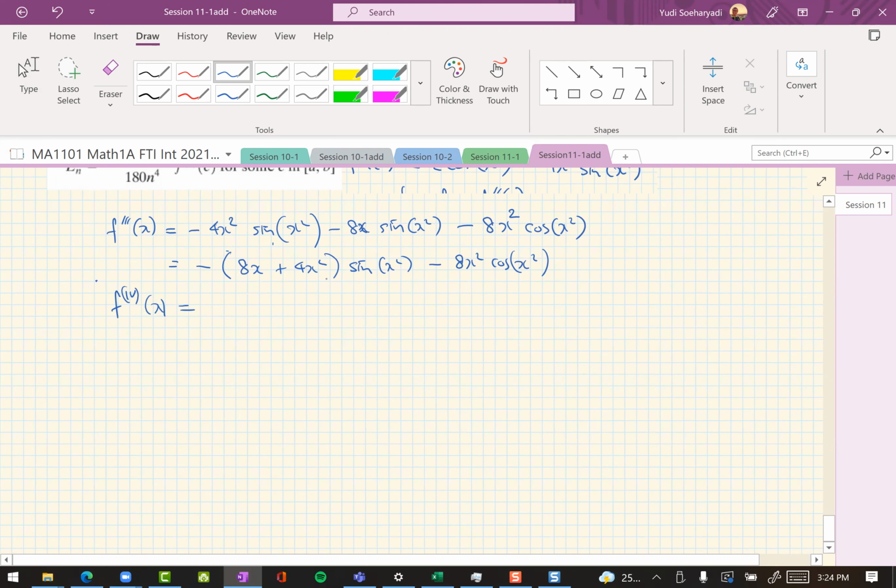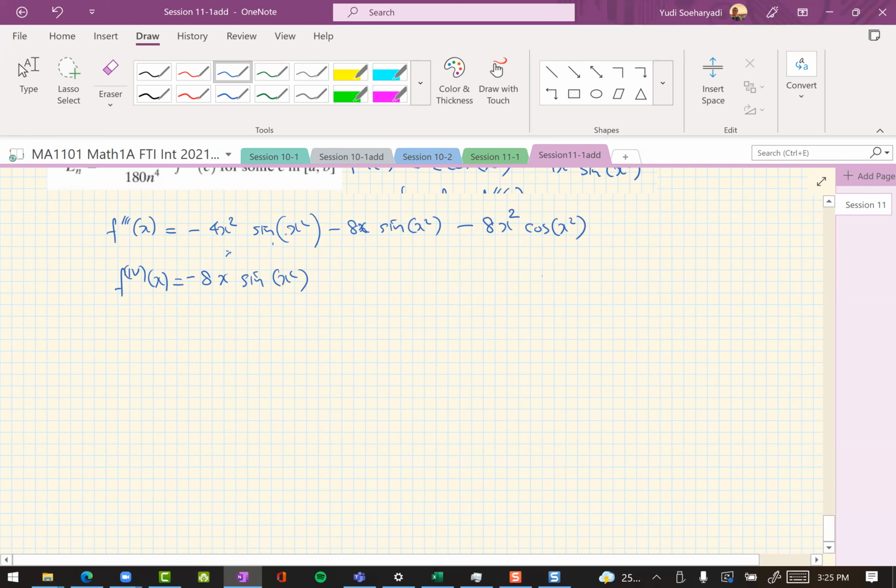Take the derivative again. Actually we don't need this one later on, it's computed. The derivative of this becomes negative 8 sine x squared.